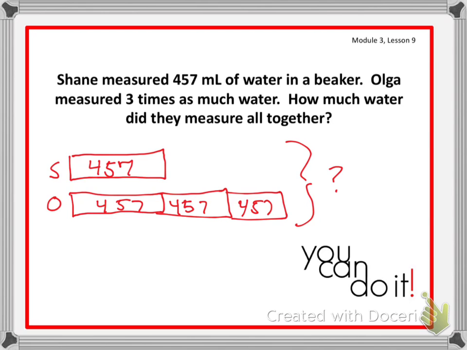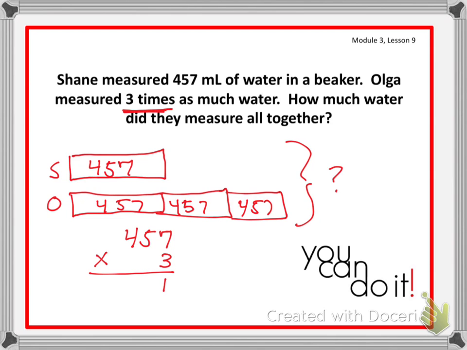And how we do that is that we're going to multiply 457 times 3. And we're going to do this by getting closer to that standard algorithm. So I'm going to show the standard algorithm and not the partial product way. So 7 times 3 is 21.